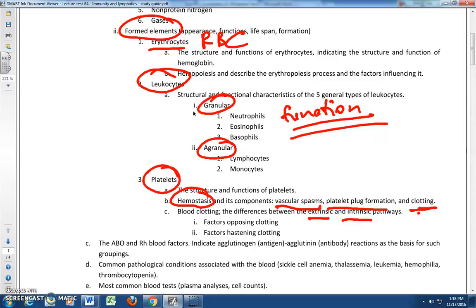Especially focus on the common pathway, okay? That starts with prothrombin activator that converts prothrombin into thrombin. Understand what the stimuli are for intrinsic and extrinsic. Rate, which one's faster, which one's slower. Does that make sense to you? Perfect.